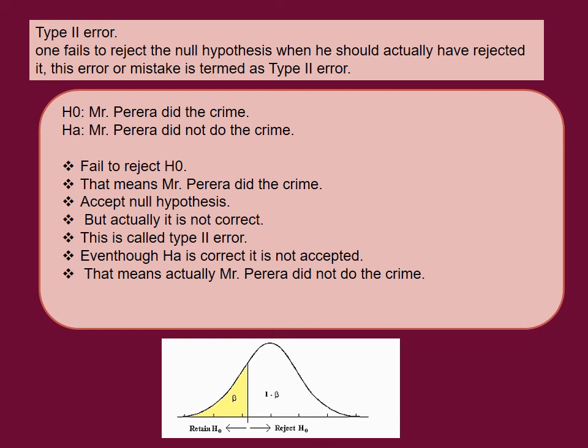Then we'll take one example. The null hypothesis we set here is that Mr. Pereira did the crime. Then the alternative hypothesis is that Mr. Pereira did not do the crime. Type 2 error means failing to reject the null hypothesis.